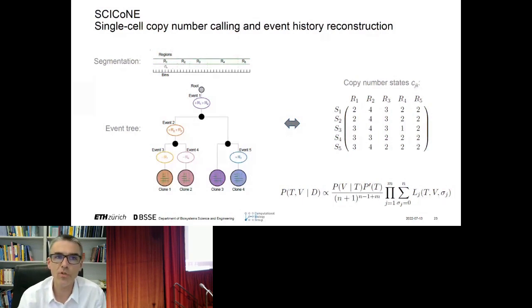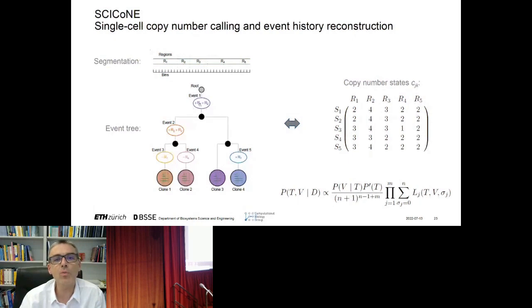They give rise to these genomic regions, denoted here R1, R2, R3, and so on. And the tree that we're trying to learn now is called the event tree, where each genetic event is a copy number change. And copy number change means it affects a consecutive segment of regions of the genome by either amplifying or deleting that region.